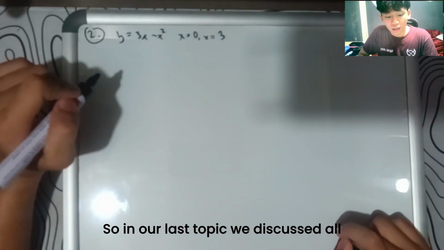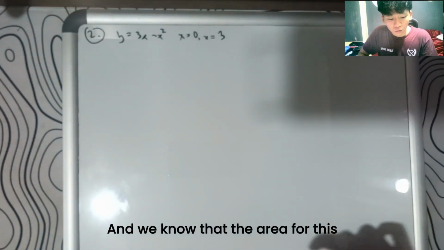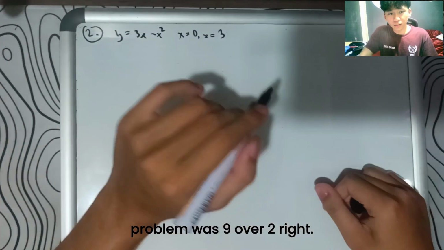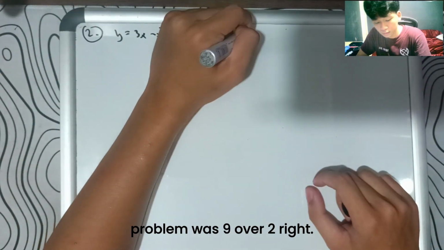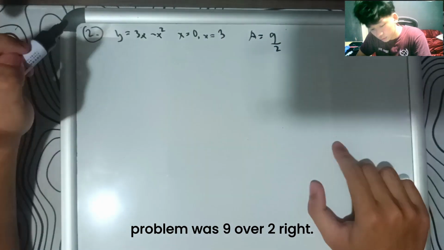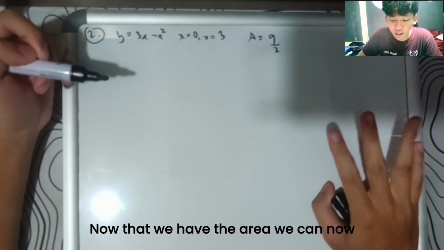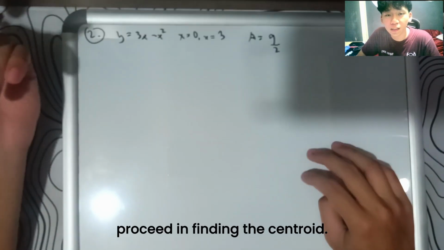In our last topic, we discussed areas and how to find them, and we know that the area for this problem was 9 over 2, right? Now that we have the area, we can proceed in finding the centroid.